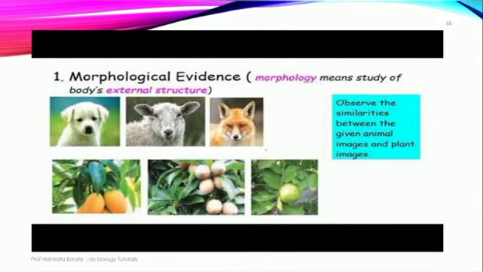Morphology means what? That is the study of external structure of an organism. Organisms means which two type of organism? That is the plant and the second one is the animals. Okay. ज्यावेळेस ऑर्गॅनिझमचा एक्सटर्नल स्टडी केला जातो त्यावेळेस त्याला म्हटलं जातं मॉर्फोलॉजिकल.